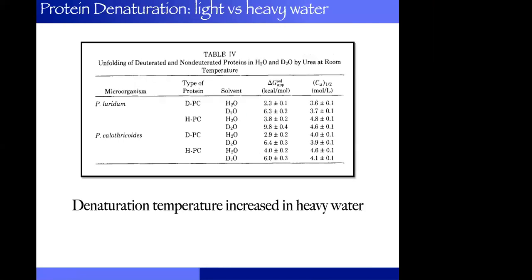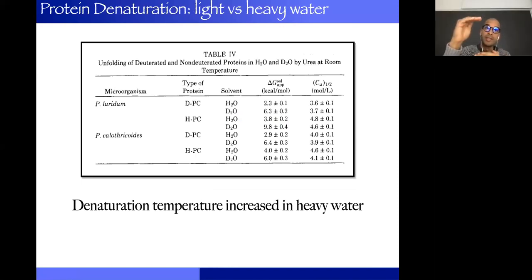There's a change in the free energy difference between folded and unfolded state going from H2O to D2O. The only thing that can cause this is a quantum phenomenon, so the breakdown of classical mechanics.